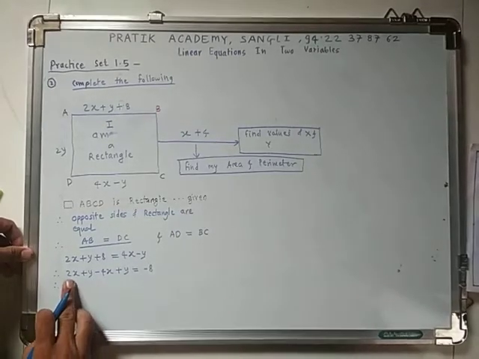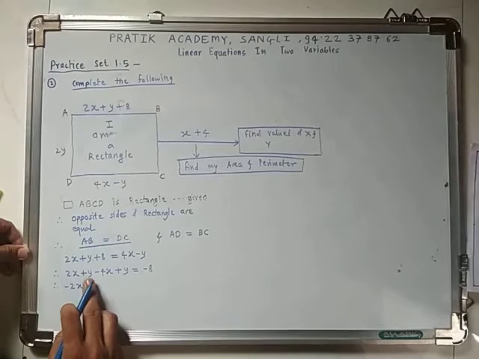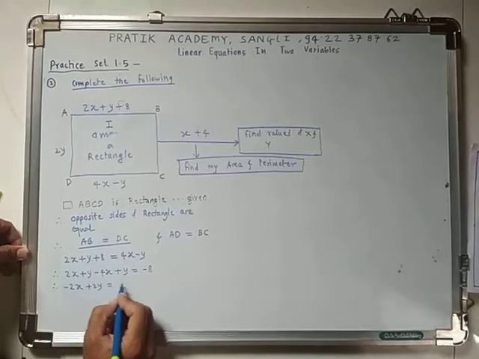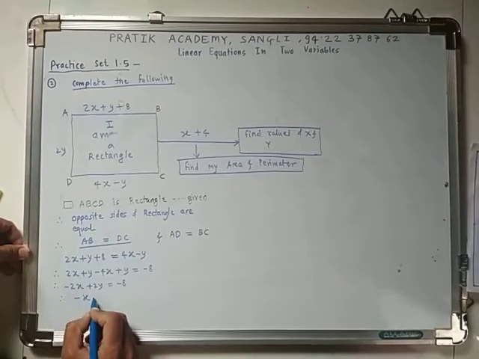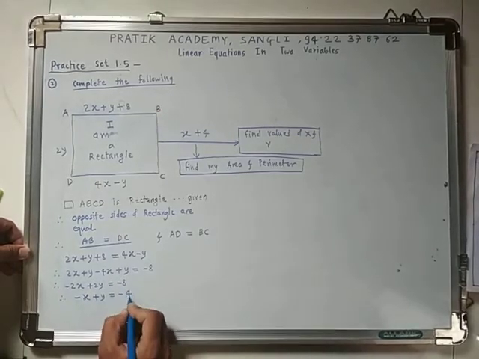Therefore finally 2x minus 4x is minus 2x, plus y plus y, 2y is equal to minus 8. Therefore minus x plus y is equal to minus 4.